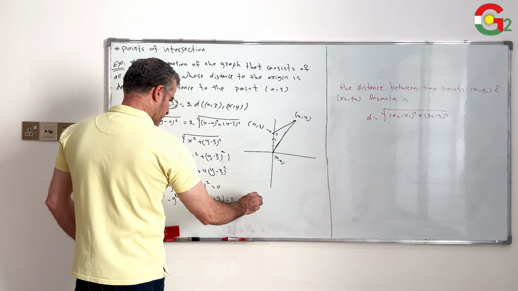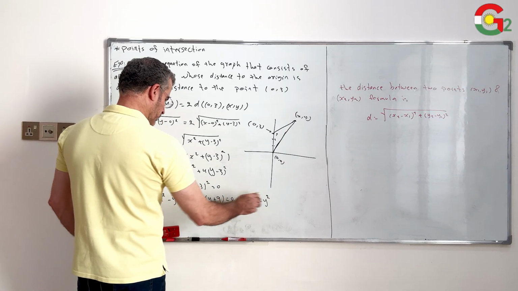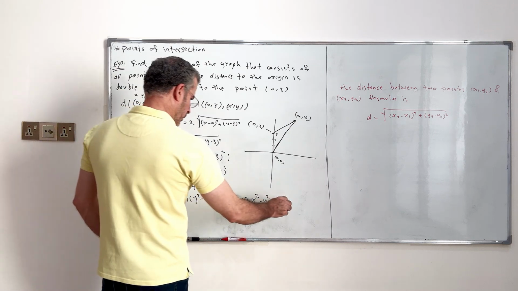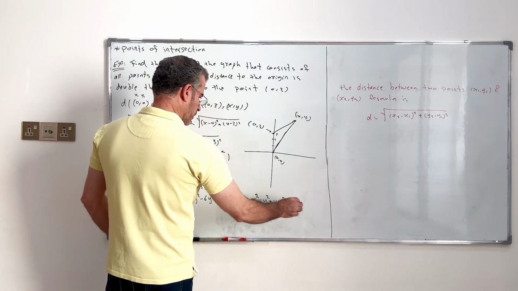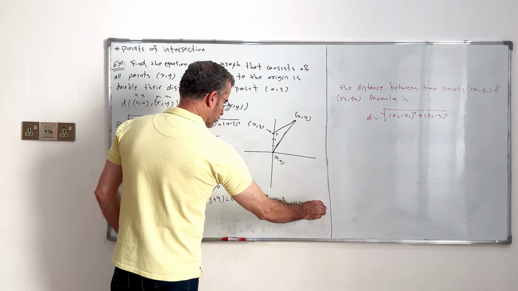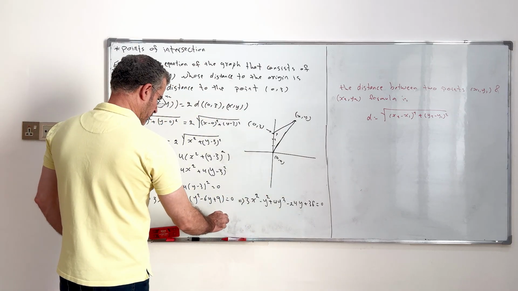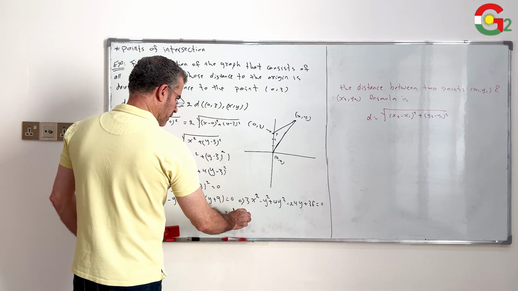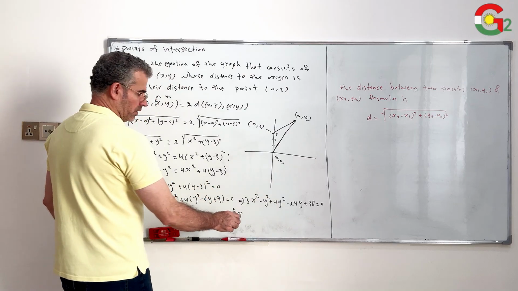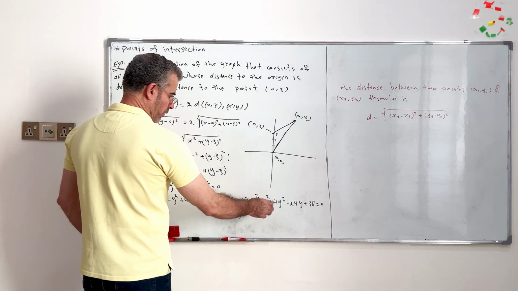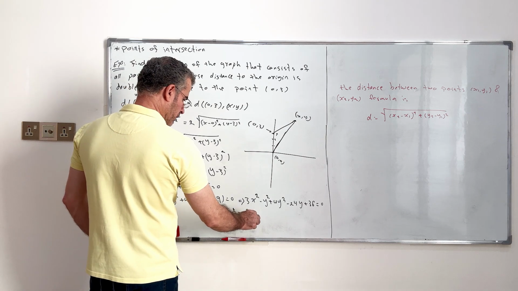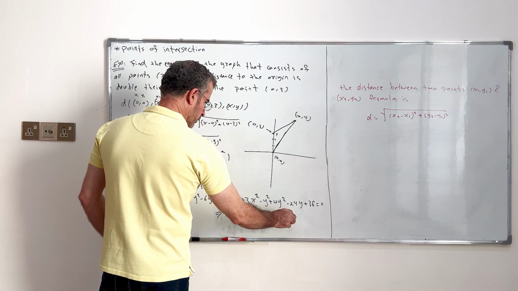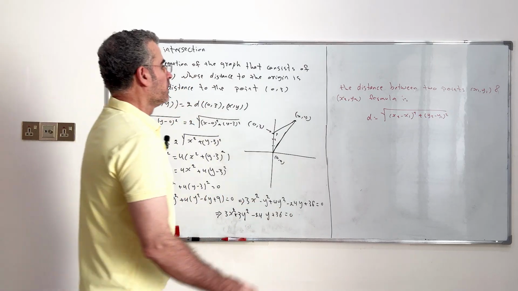Simplify. 3x squared, minus y squared plus 4y squared is 3y squared, minus 24y plus 36 equals 0. Divide by 3.